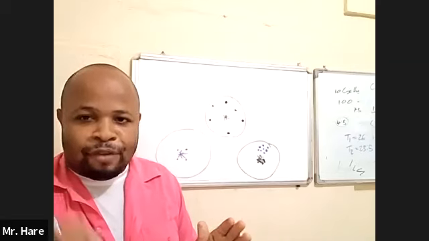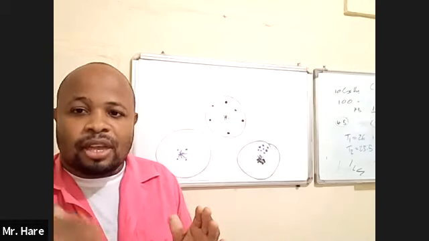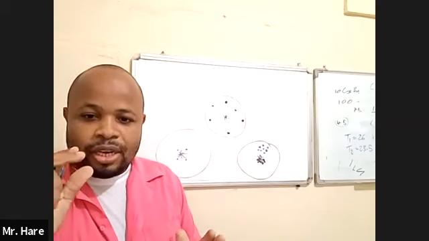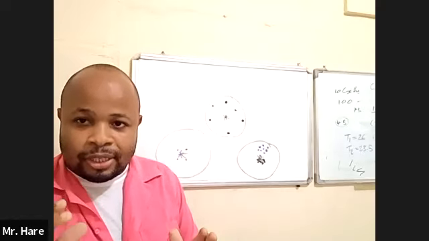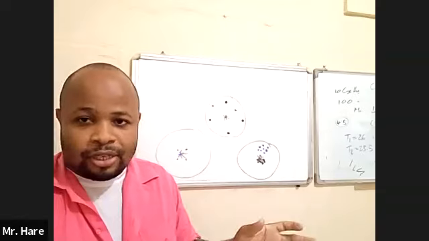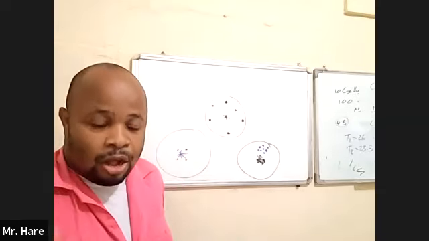If you are getting volumes of 24 and 24.5, that is not accurate. So accuracy is how close your measured value is to the true value. That's for accuracy. Precision is how close they are to each other.